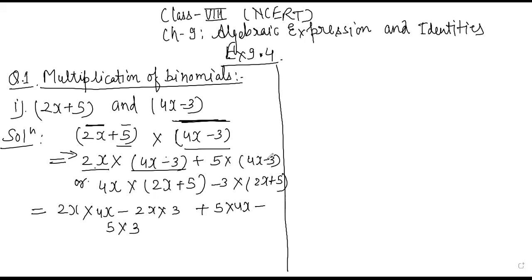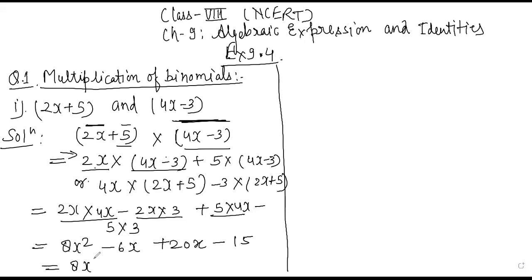Why this minus? Because of this. Now the answer of 2x into 4x gives you 8x square. This gives you 6x and this gives you 20x. 5 fours are 20 and x will be there, and with the minus sign, 5 threes are 15.